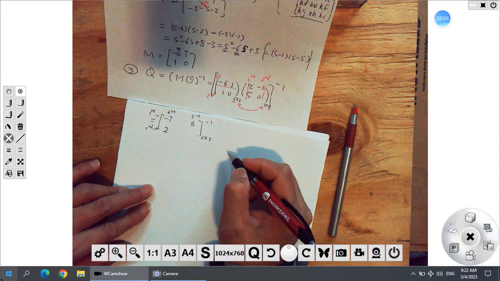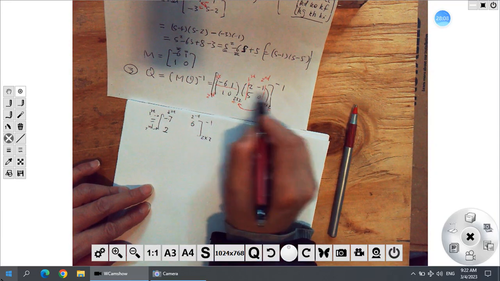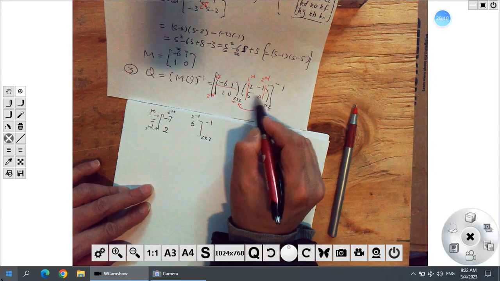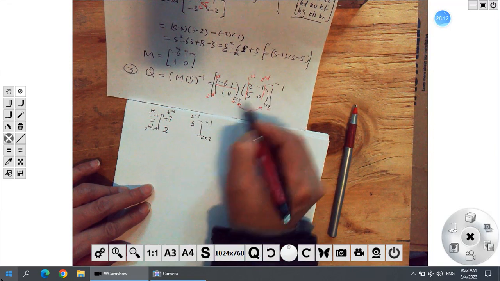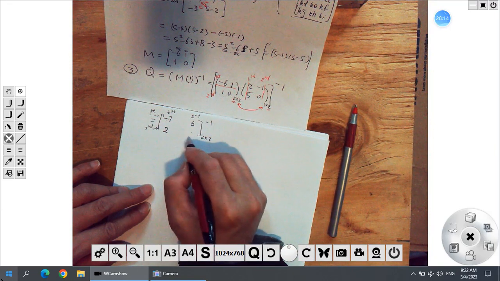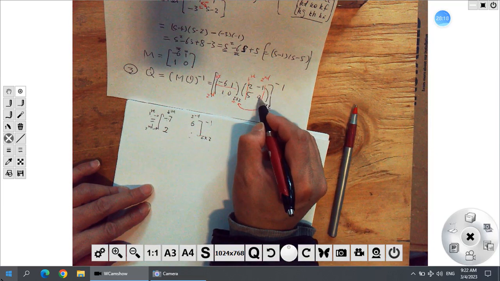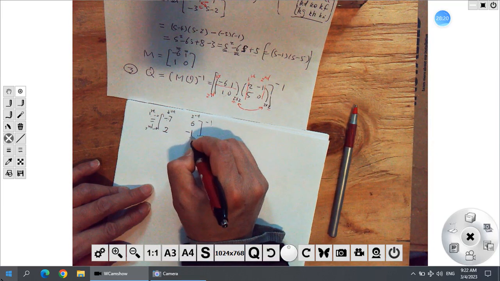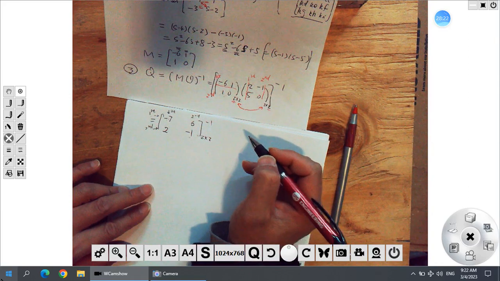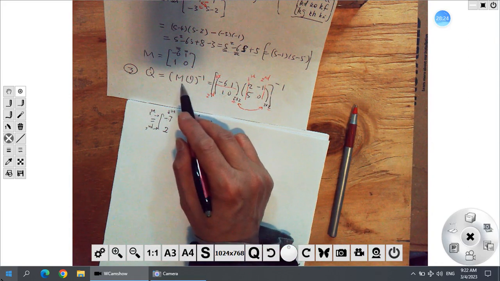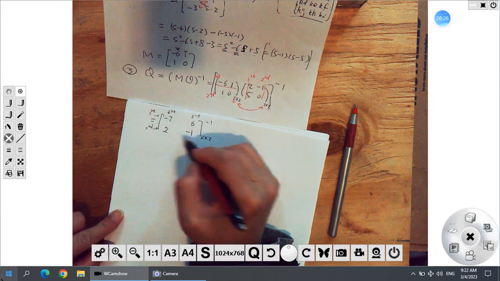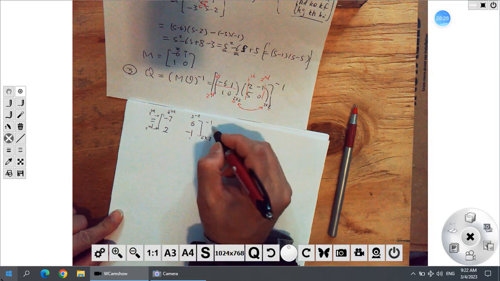Right. And then 1, 0 times -1, 0. This is second row and second column here, right? Second row, second column. So 1, 0 times -1, 0, I get -1. Alright, so this is M times O. I get these.